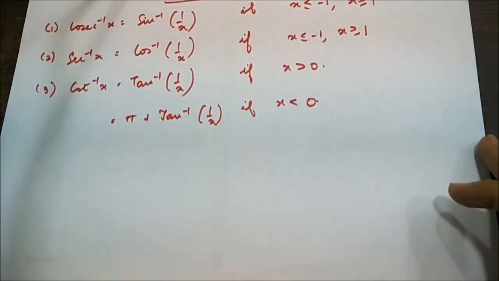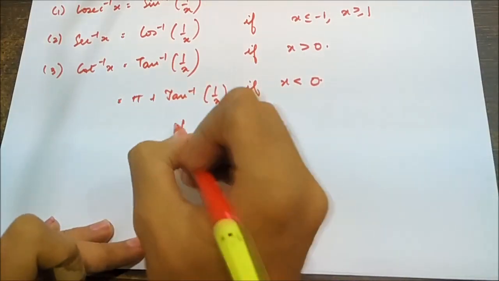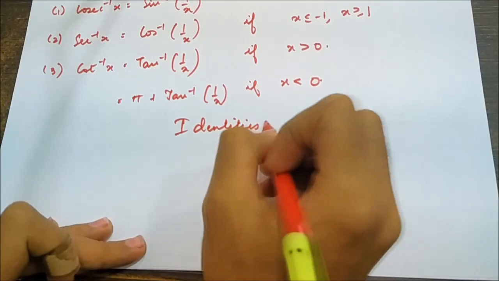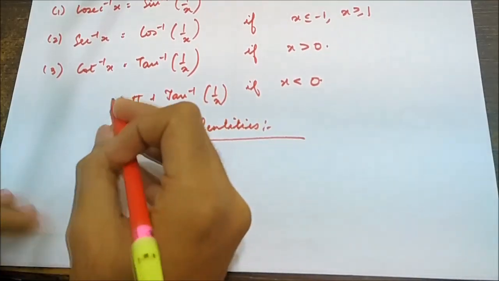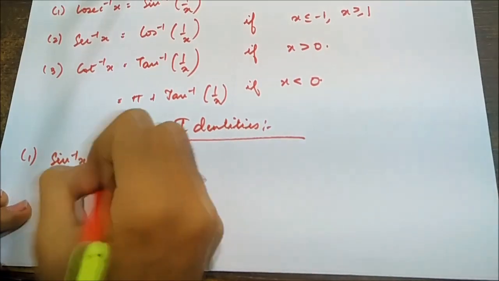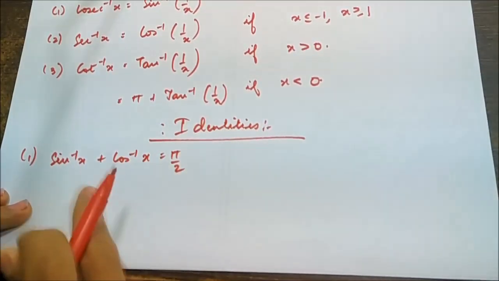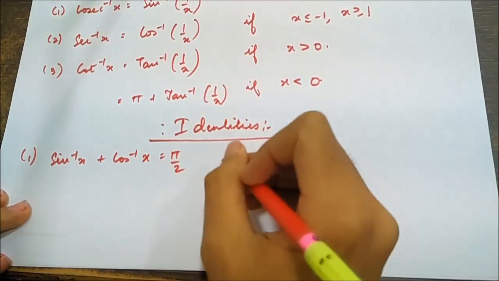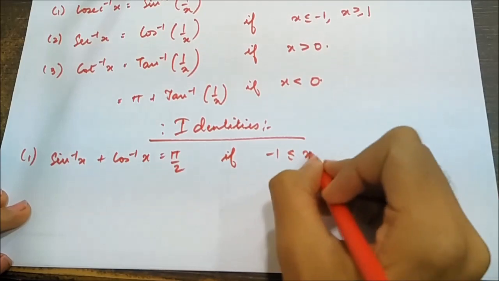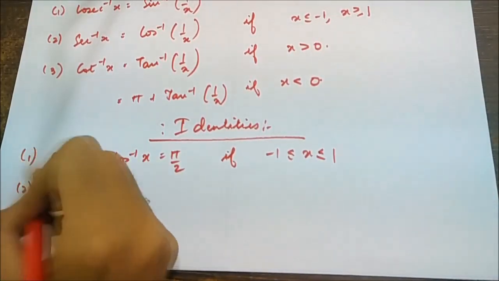Now we'll see the identities that we follow in inverse trigonometric functions. These are the three basic identities that will help us solve various problems. The first one is sine inverse x plus cos inverse x is equal to pi by 2, where x ranges from minus 1 to 1.